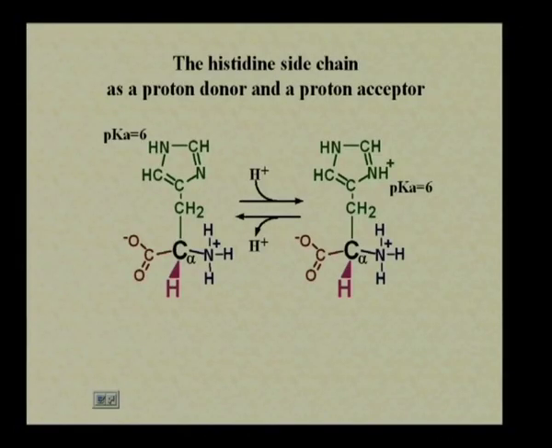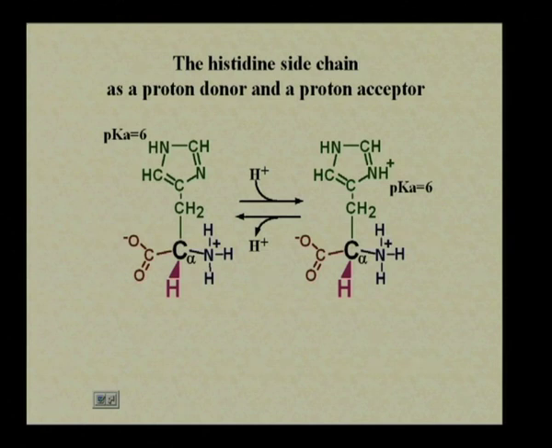Now, what happens to histidine is that because of this protonation and deprotonation that can occur, histidine forms a large number of the catalytic sites of proteins, just because it can accept and donate a proton close to the physiological pH, which is not the case with the other amino acids.